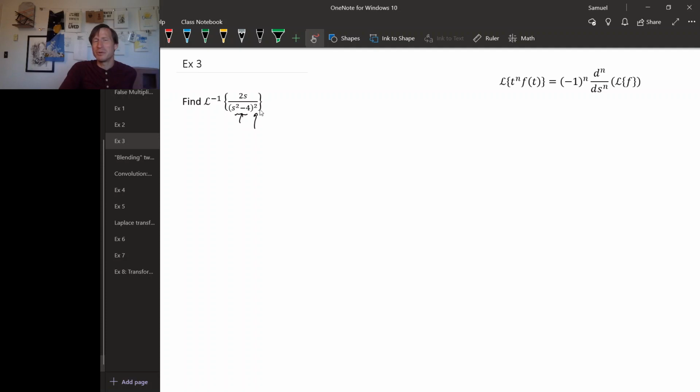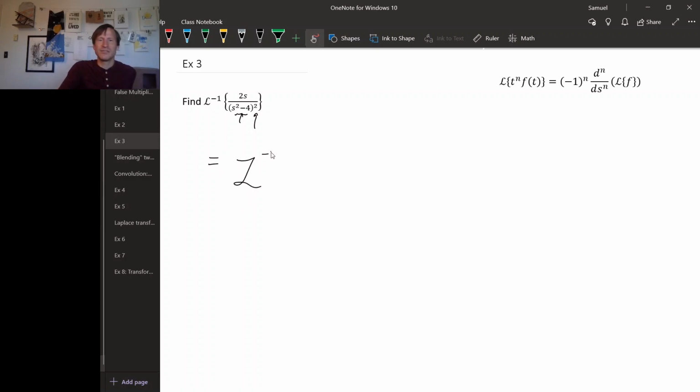Here we would have a power of an irreducible quadratic, and before now, we didn't have a way to deal with that. But now we do, because if you have an s in the numerator and an irreducible quadratic squared in the denominator, we can express this as a derivative. So this is going to give us a nice shortcut.